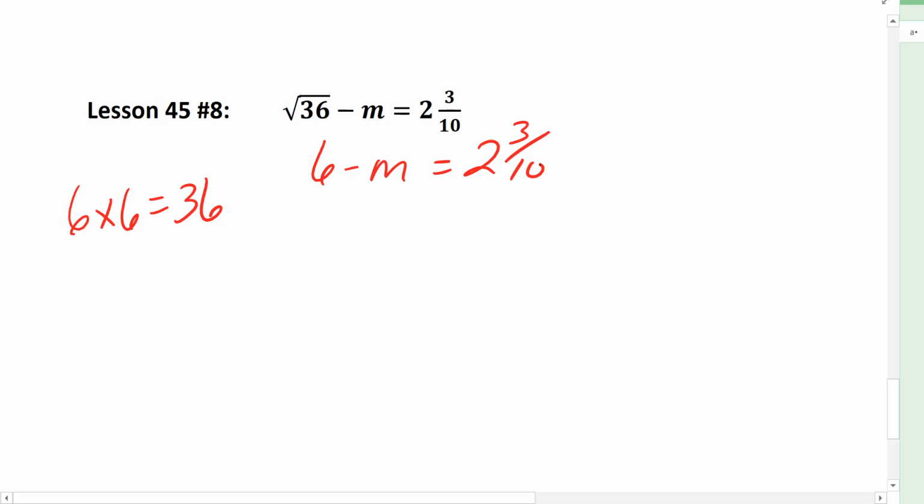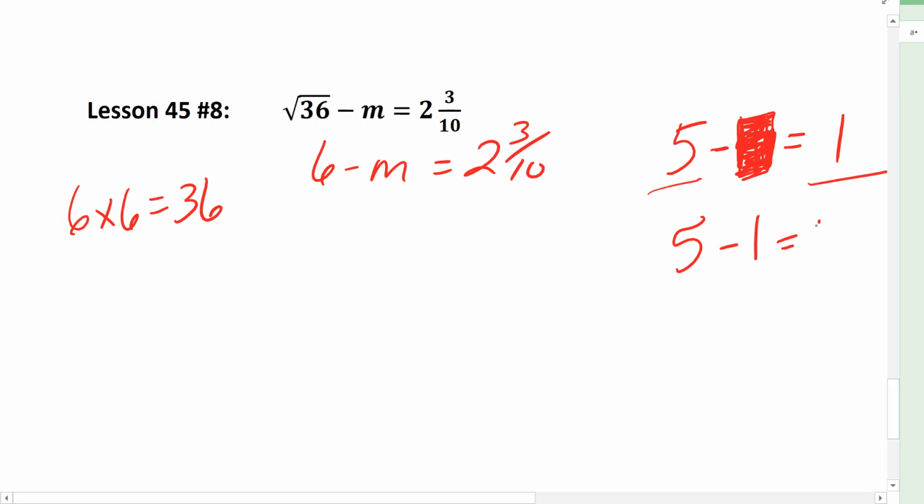Now again, if I don't know what to do, just write out a simple subtraction problem to help me figure it out. 5 minus 4 equals 1. All right, that's a simple subtraction problem that I know all the numbers for. Suppose the 4 wasn't there, and I was trying to figure out what it was. How could I figure it out? Well, if I want a 4, I can take 5 and subtract 1, and that would give me my 4. 5 minus 1 is 4.